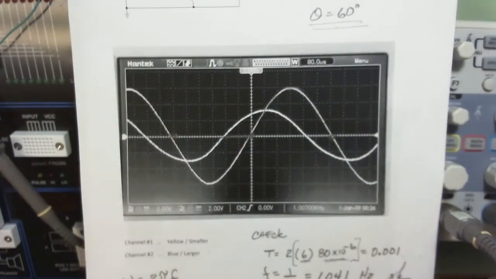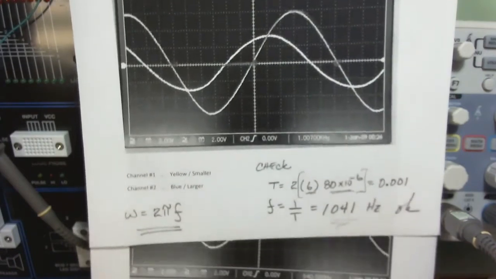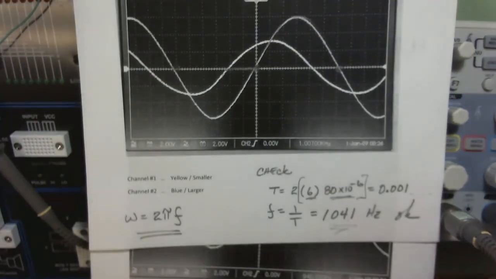Now, with all of this work and talking about hertz, we don't want to forget that most of the time when we're doing our analysis, our calculations, our book work, we're talking about omega in radians per second, and radians per second is 2 pi times the frequency f in hertz. So always remember that. It's fine to work in hertz, but if you have to compare that to radians per second, remember they differ by 2 pi.